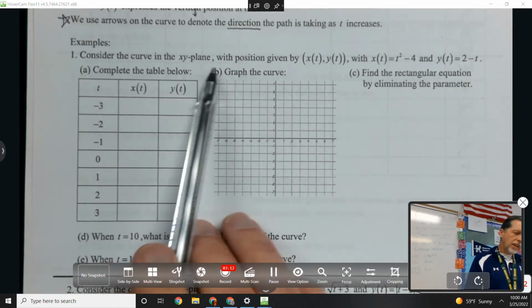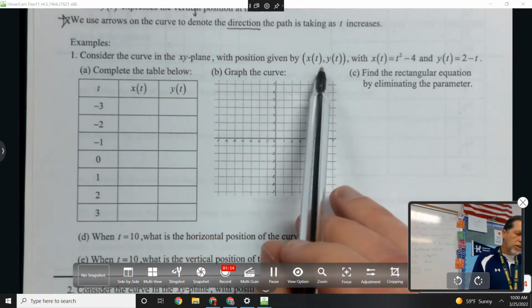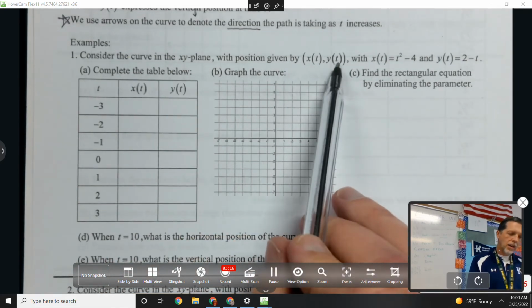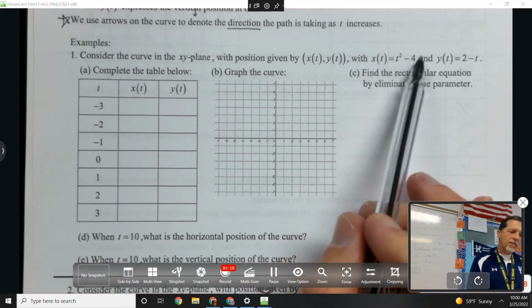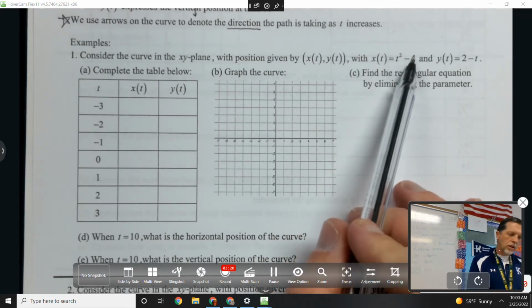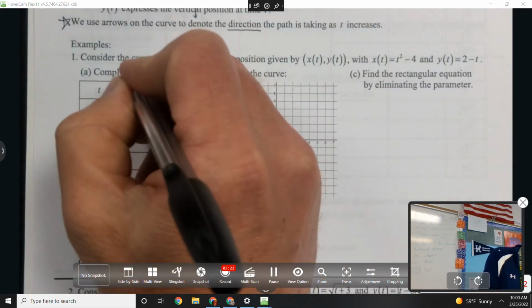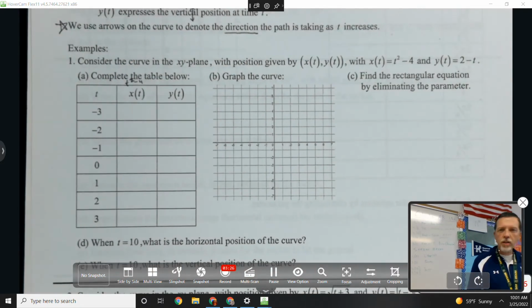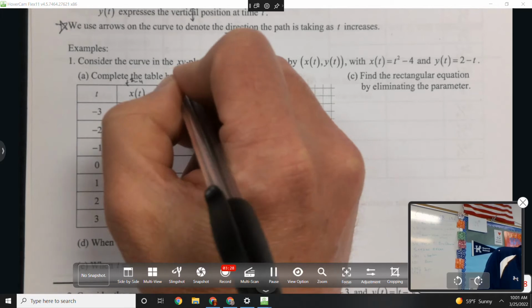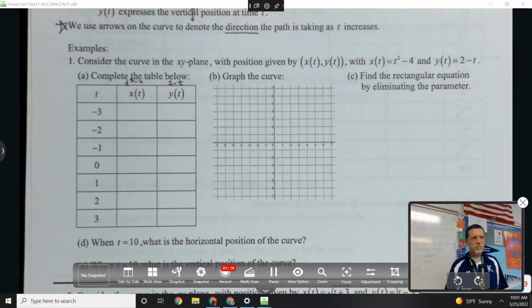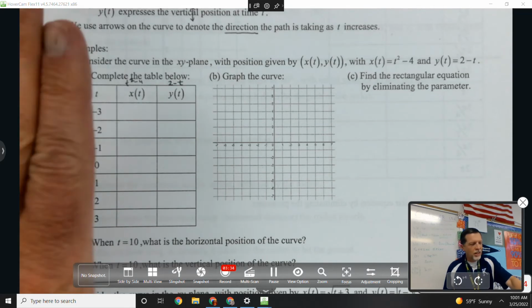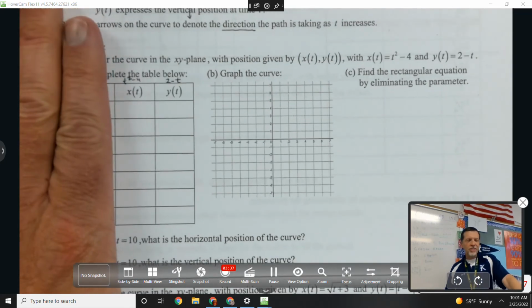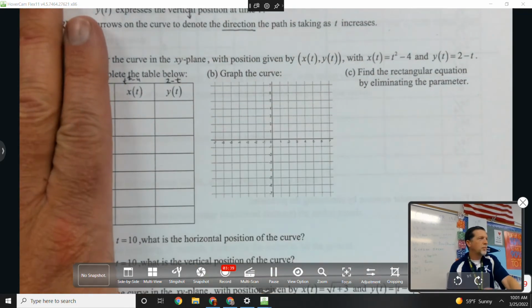Consider the curve in the xy plane with position given by x comma y, where x is t squared minus 4, and y is 2 minus t. So we're going to make a table of values, but normally our table of values is just x and y. We pick some x's and plug them in.